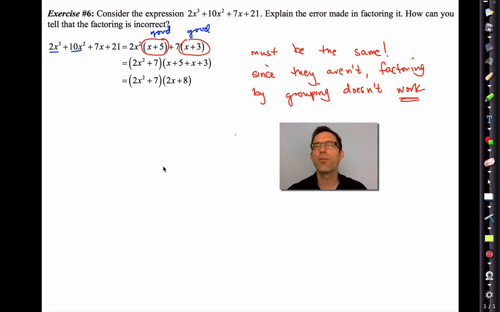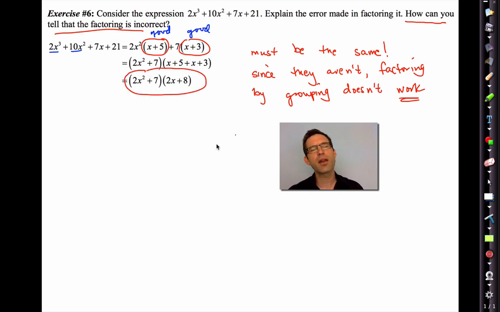Okay, now I do like the last piece though. How can you tell that the factoring is incorrect? So one of the most frustrating things for me is when students misfactor and they just, they shouldn't do it, right? Not because they've made a mistake in the process of factoring, but because they really should be able to look, in my opinion, at this final answer and just think about it a little bit and go, that can't be right.